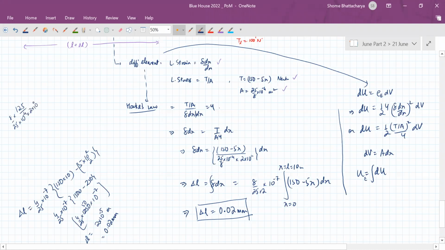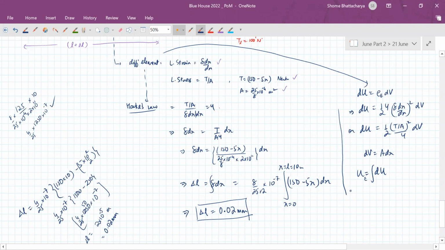Yes, sir, 0.02 millimeters. Yeah, okay. This calculation is correct.